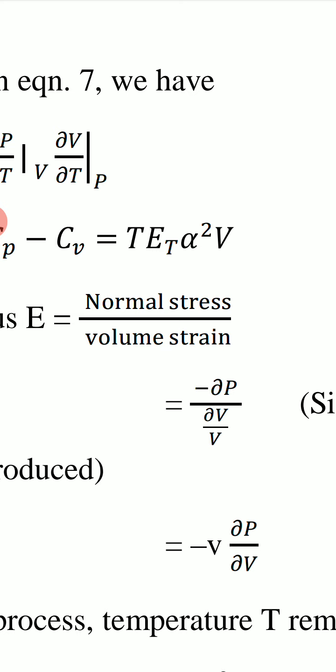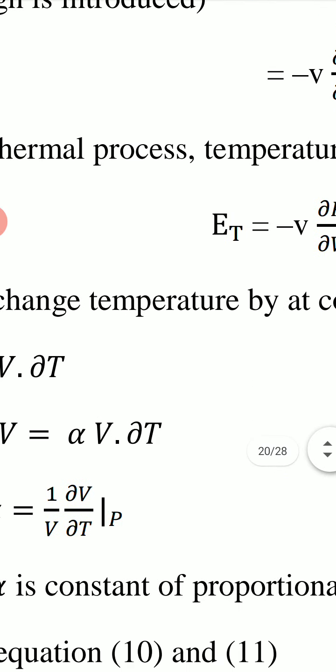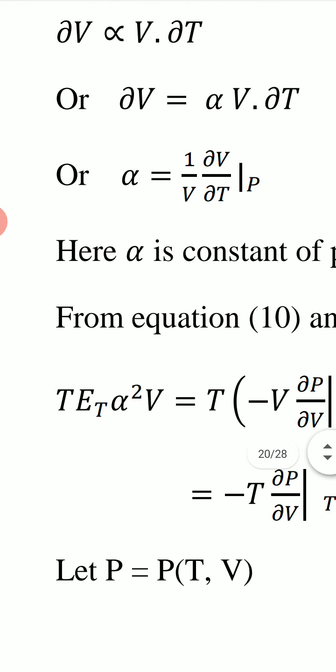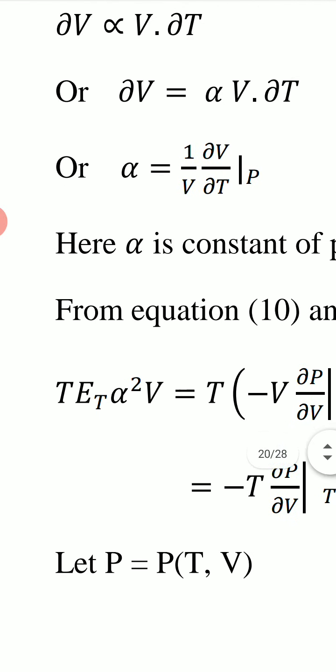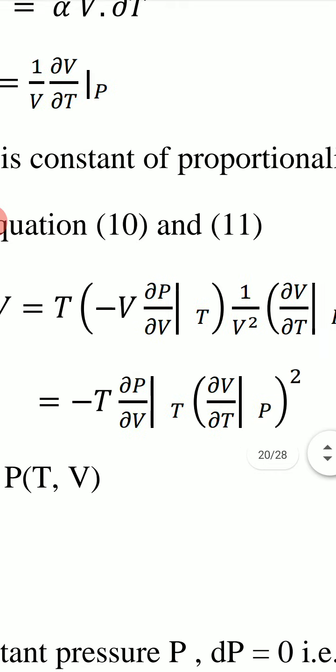Put the values of Et and alpha in the right hand side of this relation, T alpha square V.